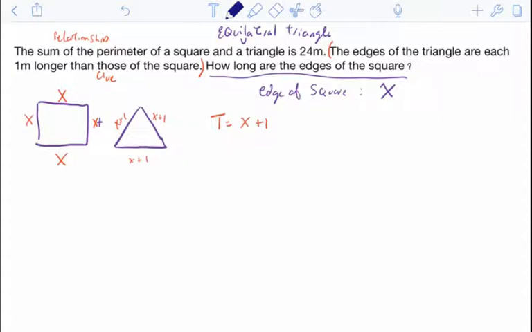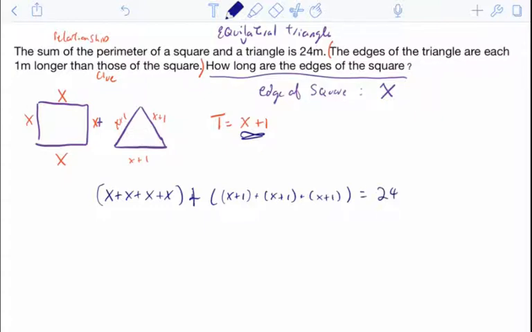So for the square, the perimeter is going to be x plus x plus x plus x. And for the triangle, incorporating this clue, it should be x plus 1 plus x plus 1 plus x plus 1. All right? And that overall is 24 meters.